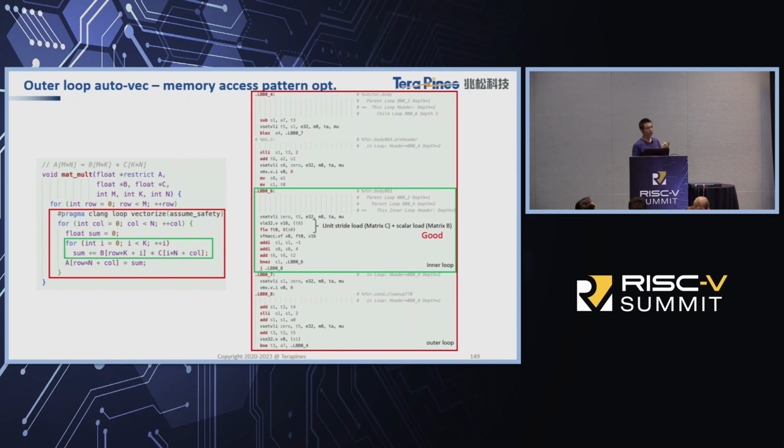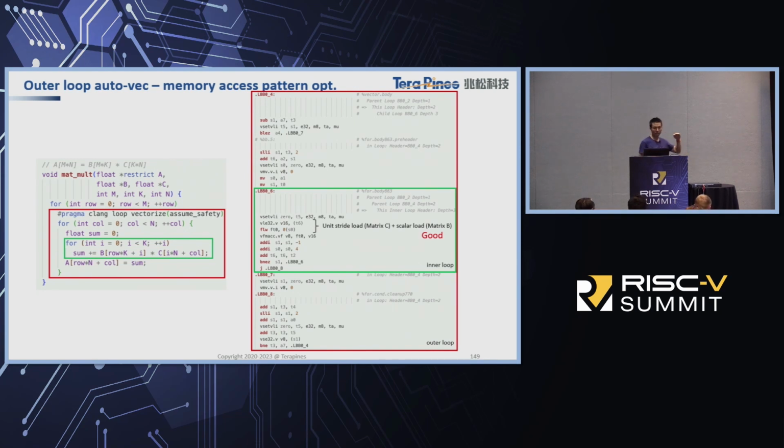If we use a pragma to guide our compiler, because it's pretty hard to let the compiler decide which level of loop should be vectorized, we can tell the compiler which level of loop should be optimized.